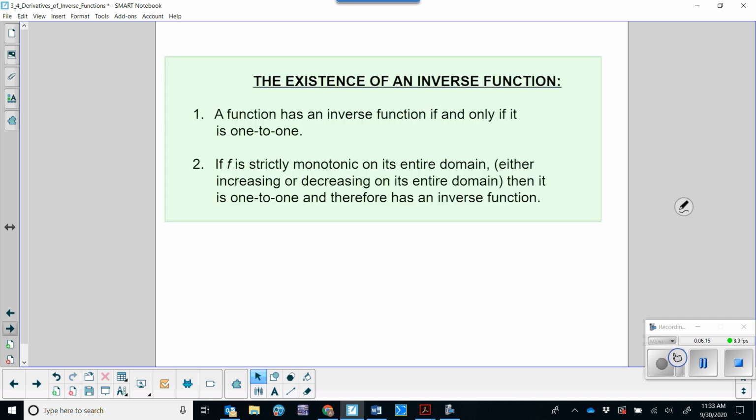Okay, so again, a function has an inverse if and only if, and that means both directions are true here, it is 1 to 1. And 1 to 1 again means for every x, there's exactly 1 y, and for every y, there's exactly 1 x. So it's 1 to 1.